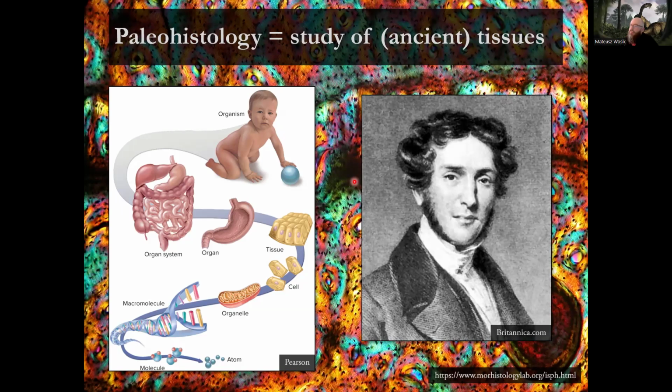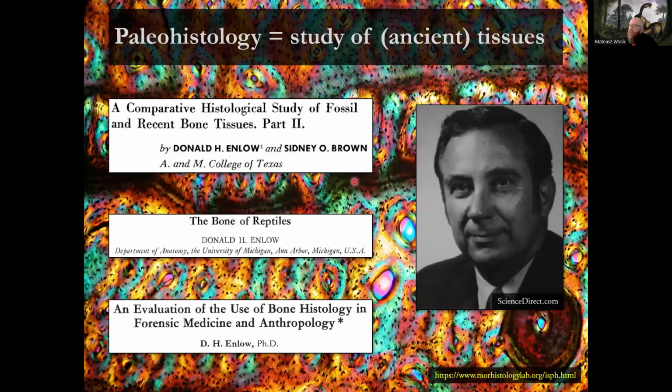But then this field of study lay dormant for almost an entire century, up until this individual here, Donald Enlow, and his colleague Sidney Brown started publishing more histological studies of fossil and recent bone, so modern animals, to the extent that a lot of their research is still being used today as primary sources because the bone necessarily hasn't changed. They've described it in such a good systematic way that even individuals in forensic medicine and anthropology are still using their studies as well.